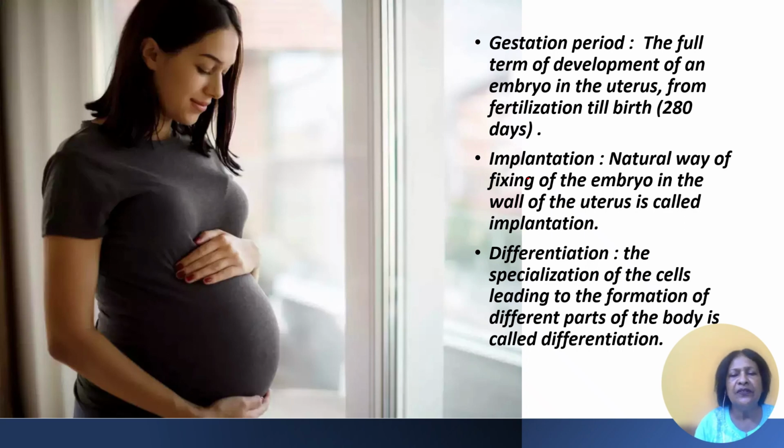This takes 280 days for humans. I have given you certain definitions of implantation, which happens indeed immediately after fertilization, and then the definition of differentiation, which I spoke to you about. After the embryo is formed, it starts differentiating. So all these are given for your additional support.